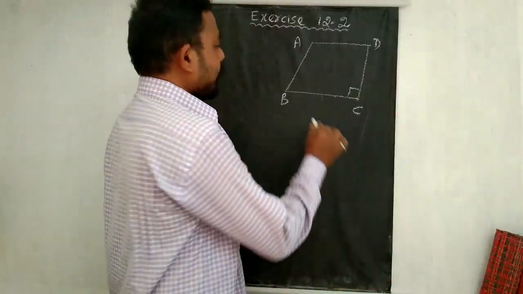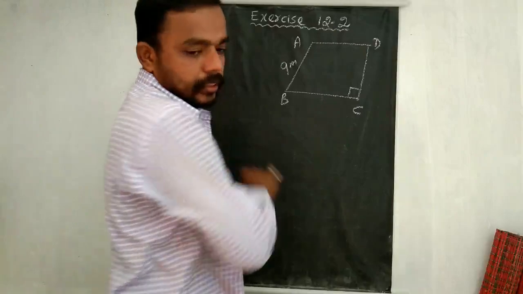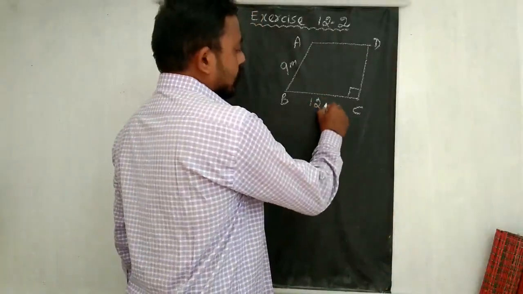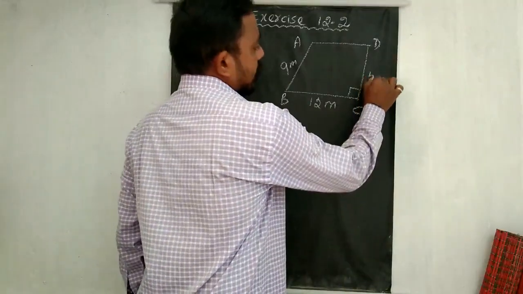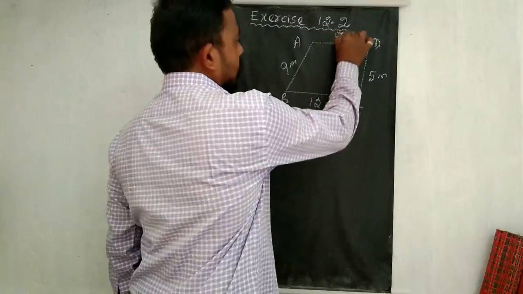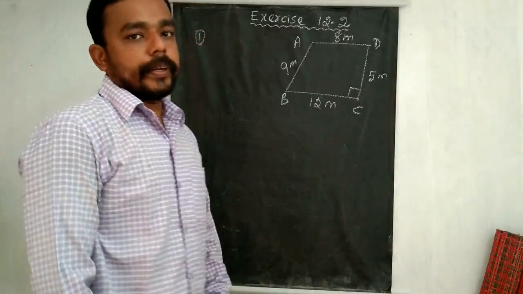AB equal to 9 meters, BC 12 meters, CD 5 meters, AD 8 meters. How much area does it occupy?